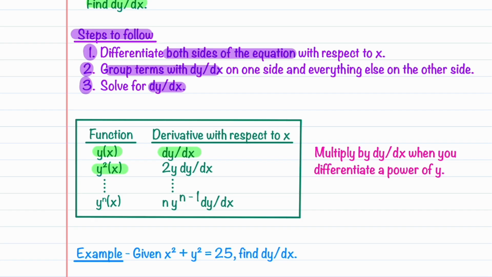When you take the derivative, you are going to get 2y, and then you're going to have to multiply that by dy dx because y is a function of x. And then the same thing happens for any power of y. Your derivative is going to be n times y to the n minus 1 times that dy dx. So just remember to multiply by dy dx whenever you differentiate a power of y.